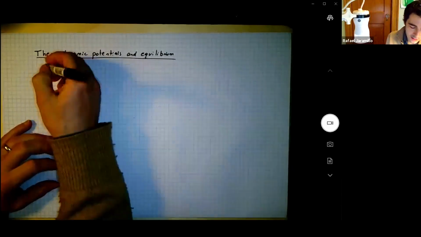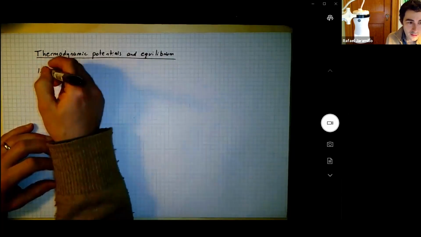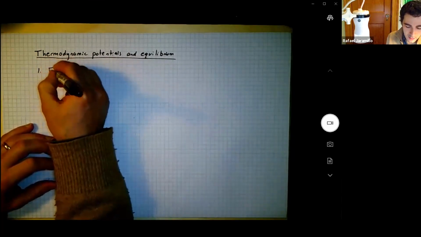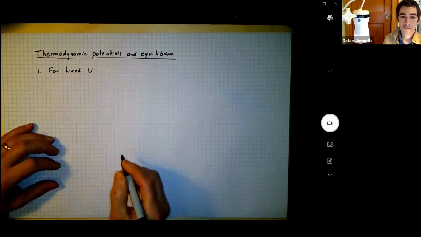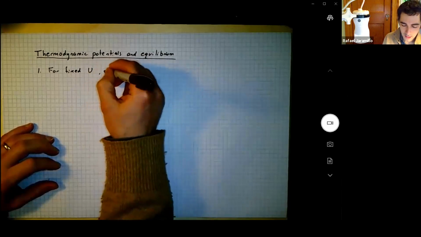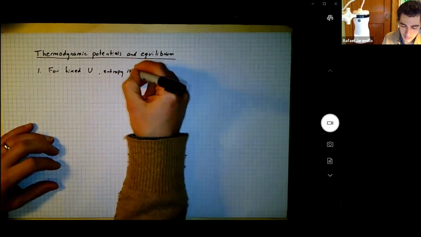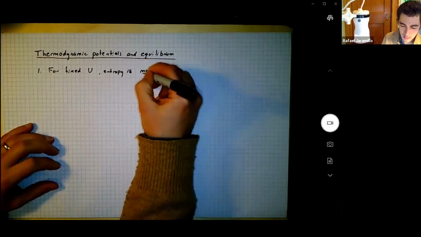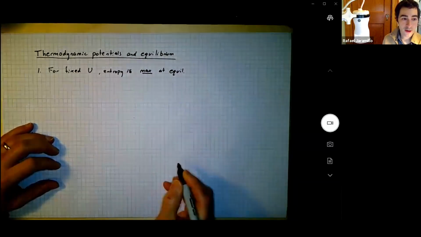These are going to be presented without proof or motivation, although we'll discuss. So the first one is what we already know now. For fixed U, entropy is max at equilibrium. Okay, so you already know that.